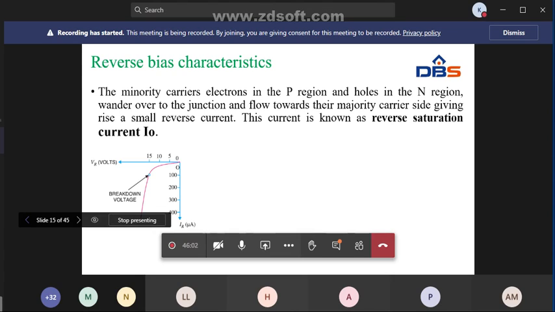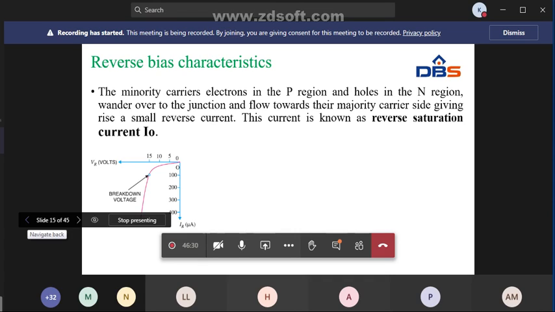So due to the minority carriers, the current flowing through the diode is called reverse saturation current or minority carrier current. For example, in the p side material, the minority carriers are electrons. In the n side material, the minority carriers are holes. So due to the flow of these minority carriers, the reverse saturation current flows through the diode.